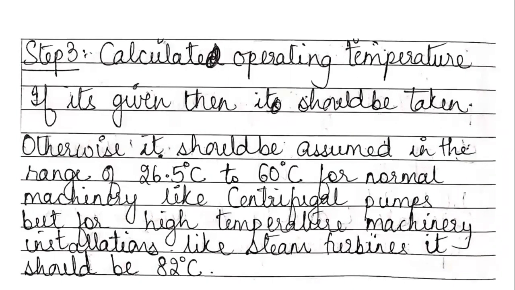But for high temperature machinery installations like steam turbines, the value of TO should be taken as 82 degrees C. So simply, third step, you have to calculate operating temperature. If it is given, take that value. If it is not given, for centrifugal pumps, take it between 26.5 degrees C to 60 degrees C. That's it. Third step is done.